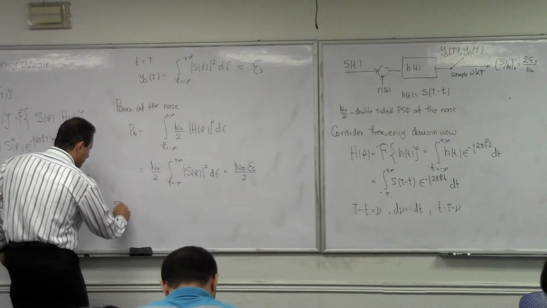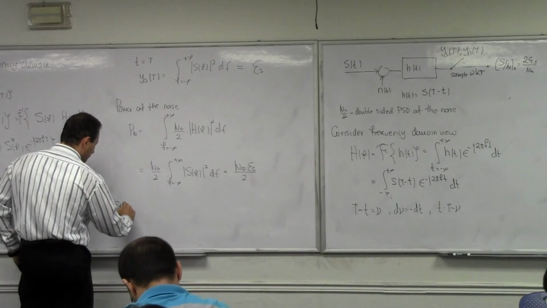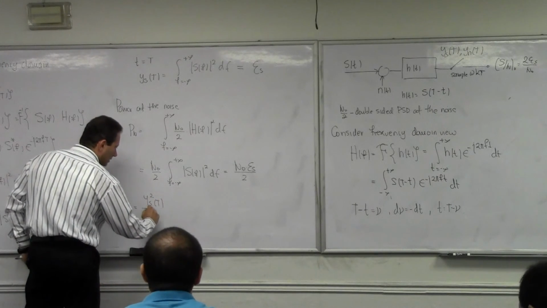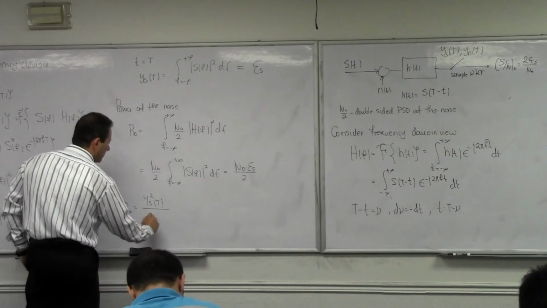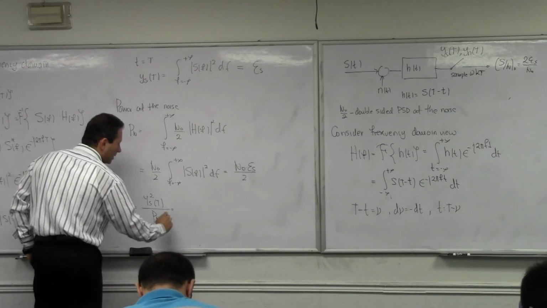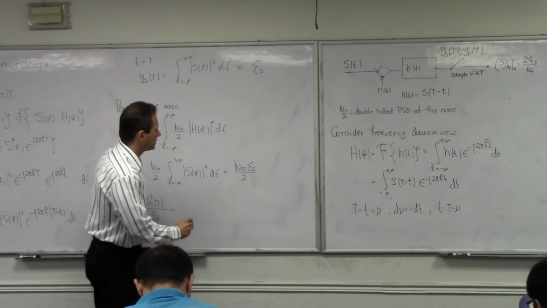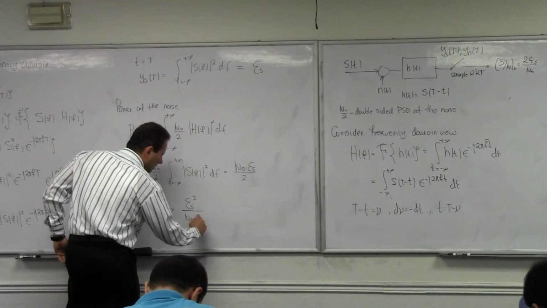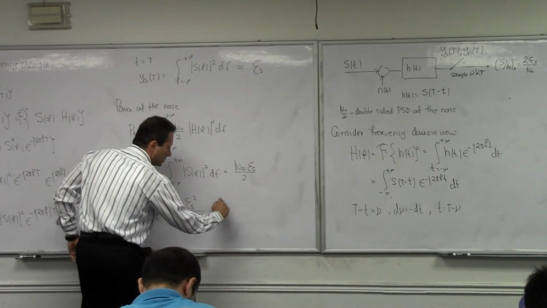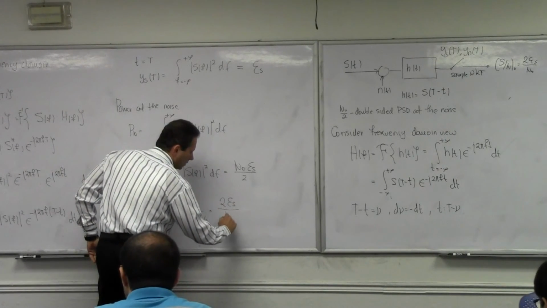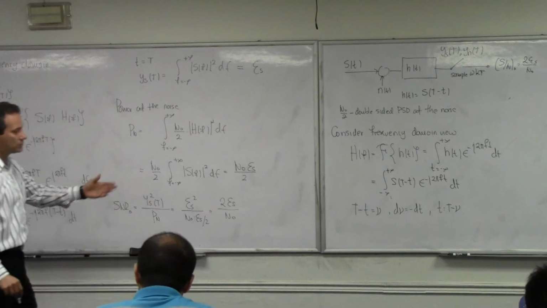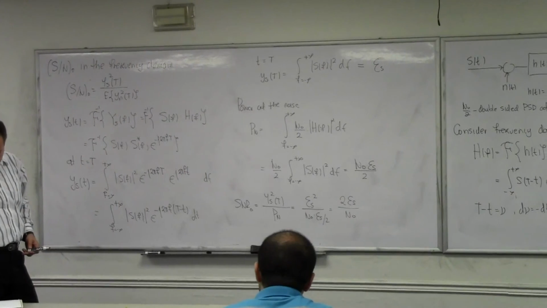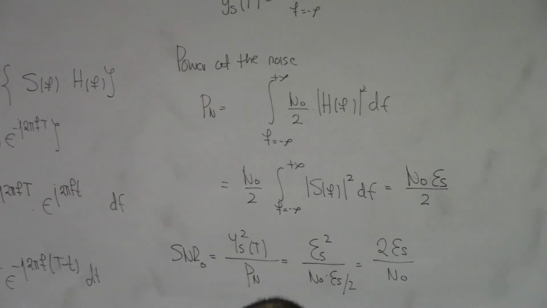So my signal to noise ratio at the output is going to be y_s squared of T divided by this power of the noise. So in our case, this is epsilon_s squared divided by N0 times epsilon_s over 2, which is 2 times epsilon_s over N0, which is what I should get. Right, so that's our famous result.